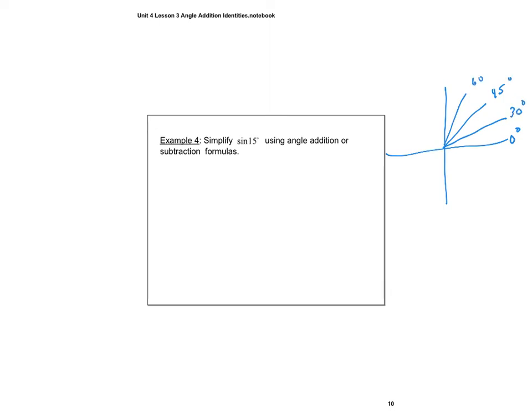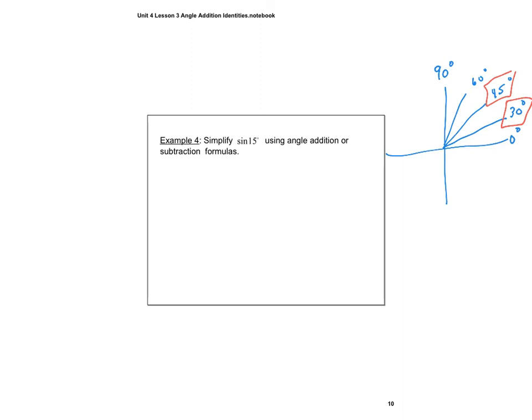This is your 60 degrees. This is your 90 degrees. And we could keep going around the unit circle. But 15 degrees, can you think of two angles that you can subtract that are going to give you 15 degrees? And you want to use the smallest ones you possibly can. And yes, we can take 45 and subtract 30, and we get 15 degrees.